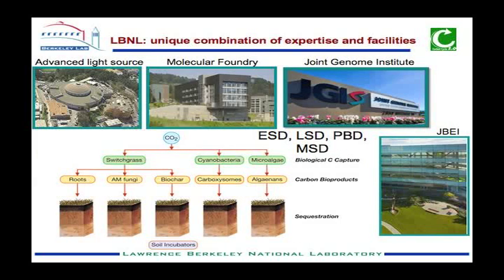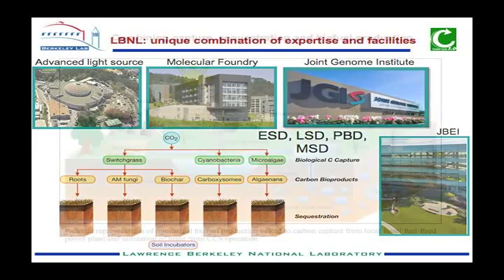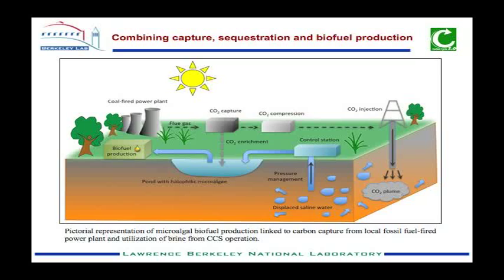This work also takes advantage of the expertise that we have in biology and ecology. And just as a final thought, I'll show you this picture that was developed by Christer Jansen and Trent Northern, which shows how you might be able to combine things to your favor, if, for instance, you can combine carbon capture, sequestration, and biofuel production.